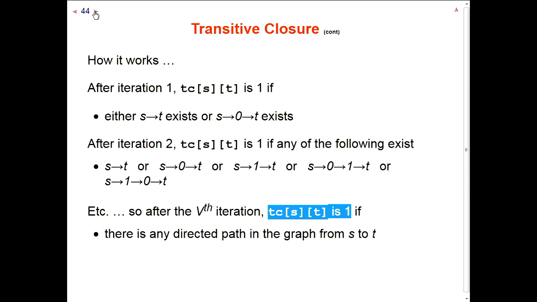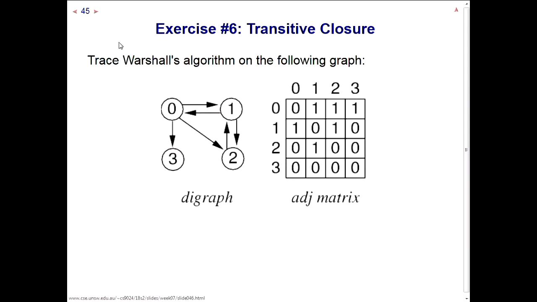And this is why this algorithm is so beautiful. It just uses these 3 nested loops, and it allows you to compute paths of arbitrary length. Now let's see with this example how we compute the transitive closure with the help of that simple algorithm.